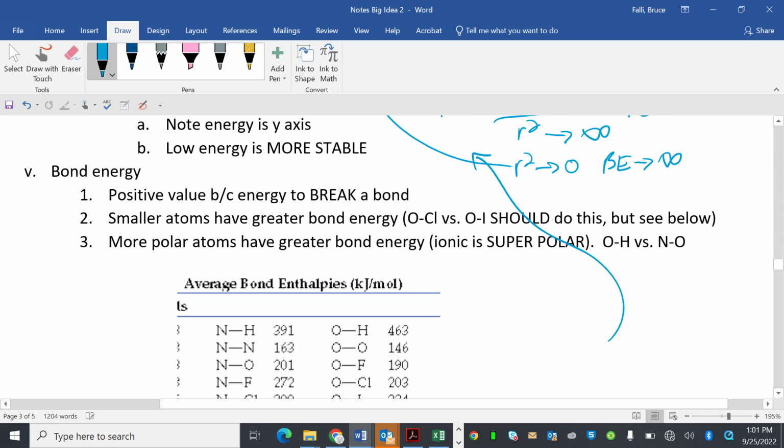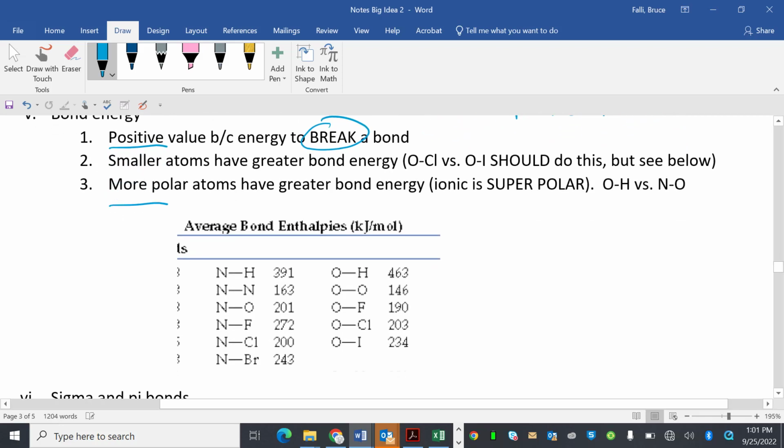Bond energy. Okay, so taking a look at bond energy. Positive values because it's the energy to break a bond. So the definition of a bond energy is the energy to break a bond. That's why it's positive. Smaller atoms have greater bond energy. So looking right here, there's a weird little quirk in here. O to Cl versus O to I. O to Cl is smaller, and this is larger, but there's some other weird thing that happens.